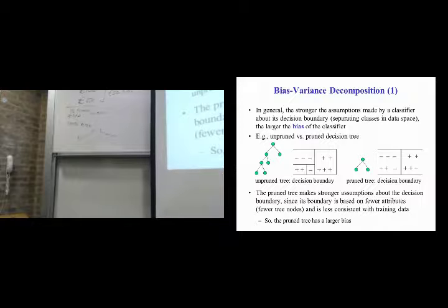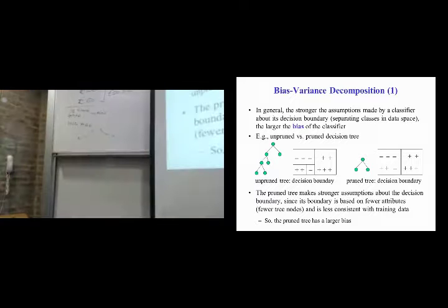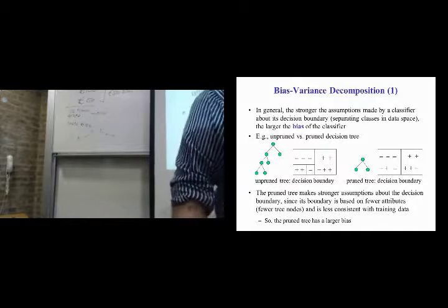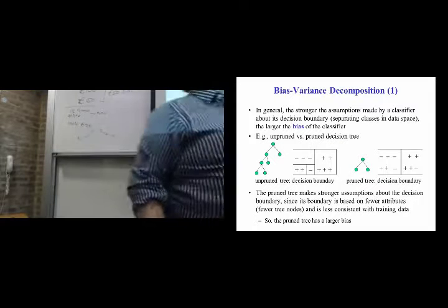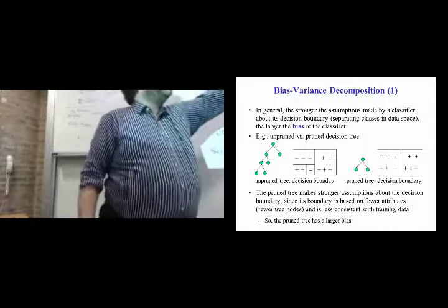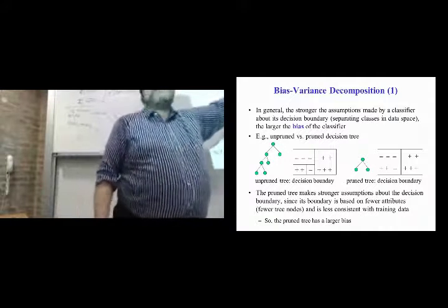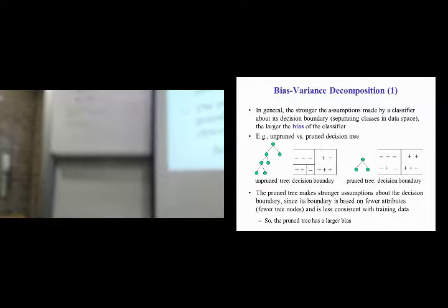If the data set you sampled was a bit different from the data set you've got there, then this is relatively insensitive to it. You get that same inaccuracy almost regardless of what the data was like. Whereas this is very accurate, but if you change that plus into a minus and that minus into a plus, then suddenly you're getting a lot of inaccuracy. So we've got that same sort of trade-off as we had with this example.